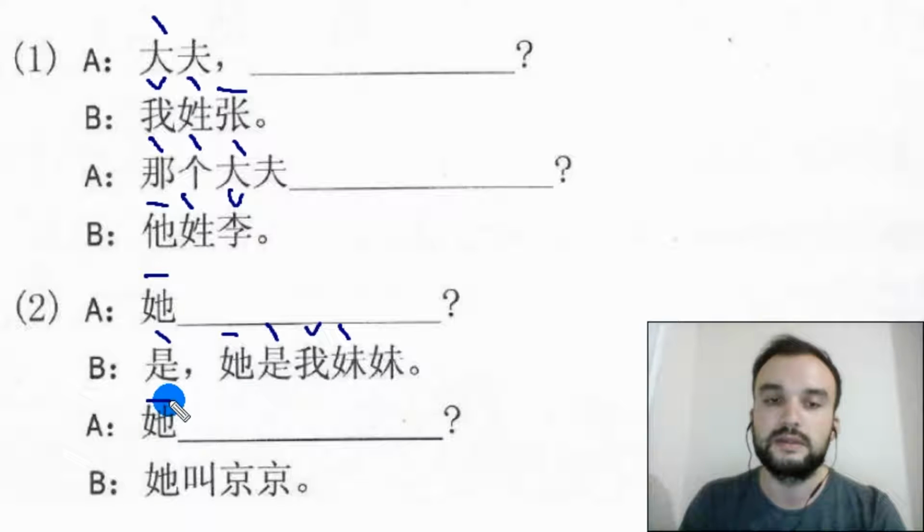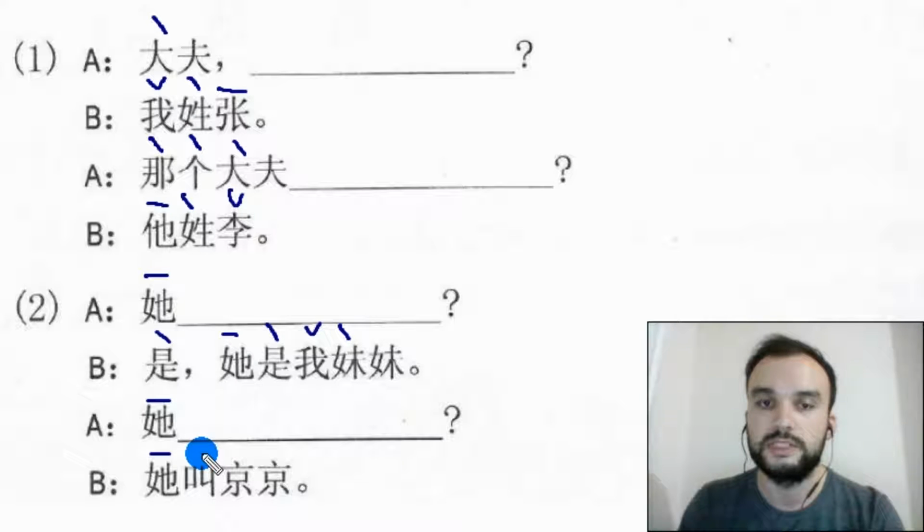Here, 他, we already wrote that. 他叫, fourth tone. 晶晶, first tone. 晶晶, okay.